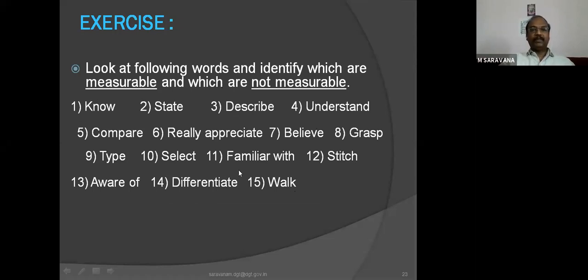So these 15 words are action words. You have to mention from 1 to 15 which are measurable and which are not measurable. Please see all the words and tell me. Hope you are noting down.